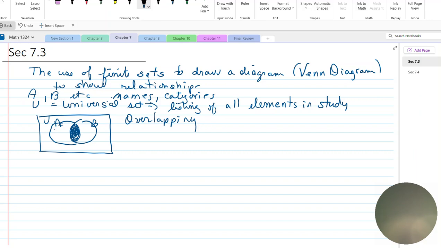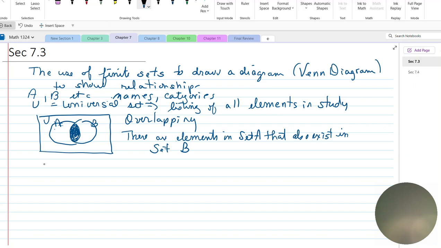What this means is there are elements in set A that also exist in set B. Okay, so it's overlapping and that's shared. And you don't want to ever duplicate numbers because it'll give you wrong probability, because that's what we're going to be doing, introduction to probability.